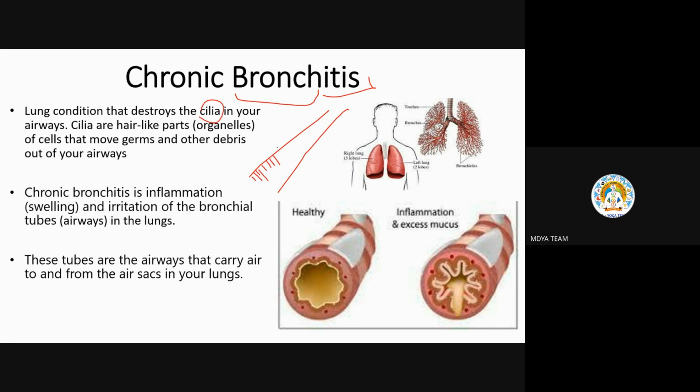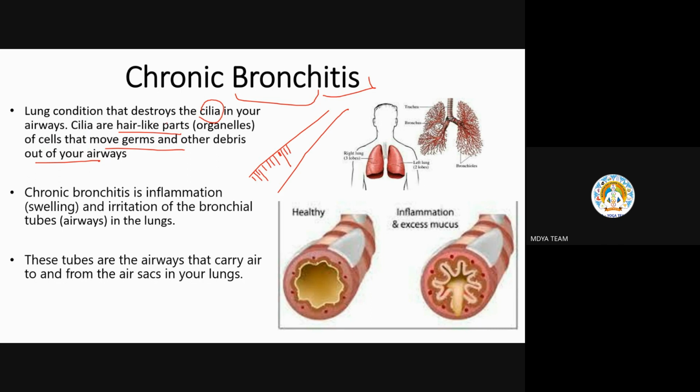Everywhere. What is the work of the cilia? They want to remove all the dust particles or debris particles, or unwanted particles coming inside. They want to just throw them out. Therefore these cilia are present there. These hair-like projections, parts of the cells, move germs or debris particles out of your airways.